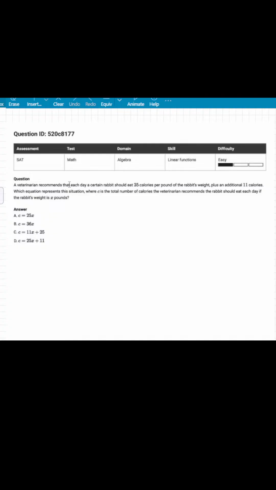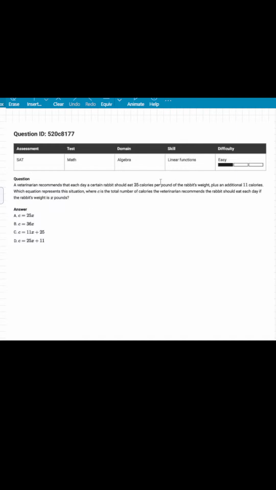a veterinarian recommends that each day a certain rabbit should eat 25 calories per pound of the rabbit's weight plus an additional 11 calories. Which equation represents the situation where C is the total number of calories the veterinarian recommends the rabbit should eat each day if the rabbit's weight is X pounds?